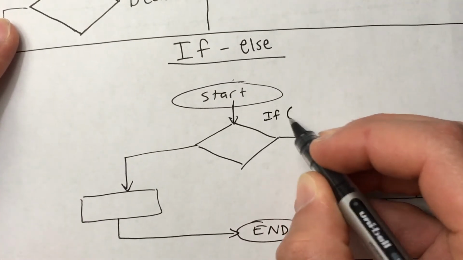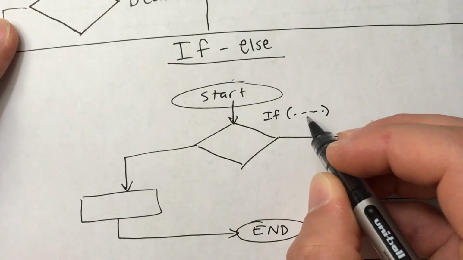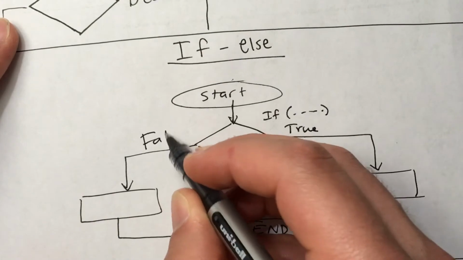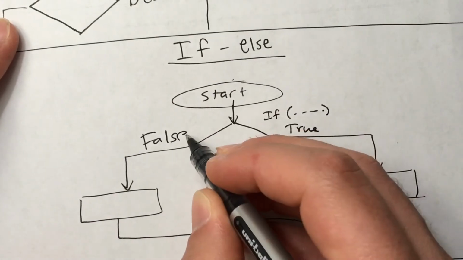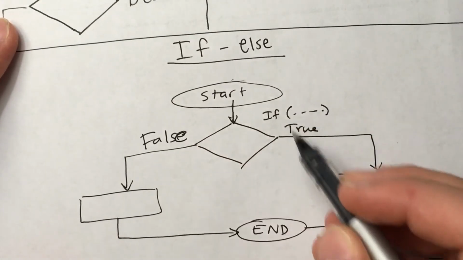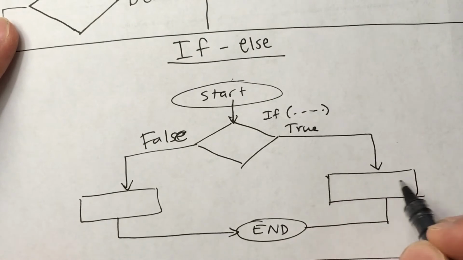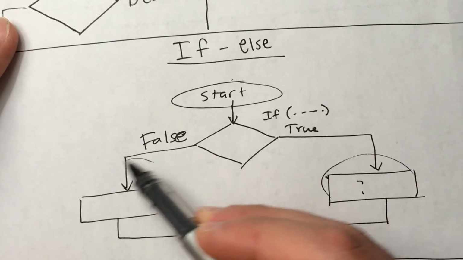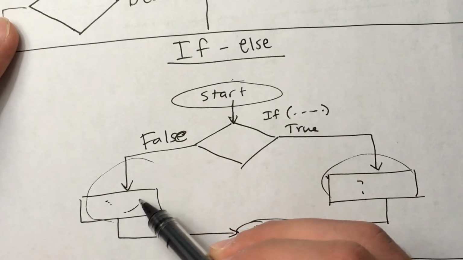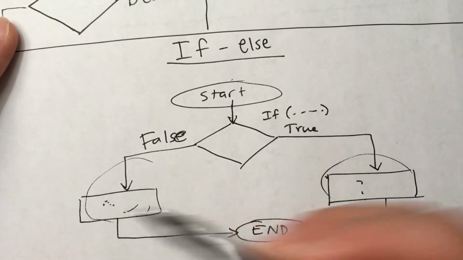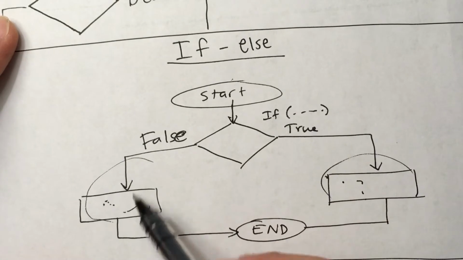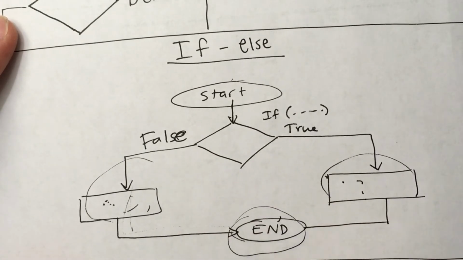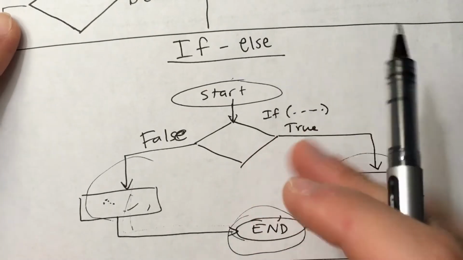If it's true, it goes this path, and if it's false, it goes that path. If it's true, it'll reach some statement, and if it's false, it'll reach a different statement. This could be statement 1, this could be statement 2. And then they all reach the end of the program, no matter what.